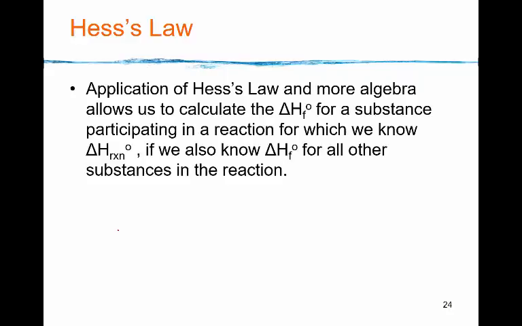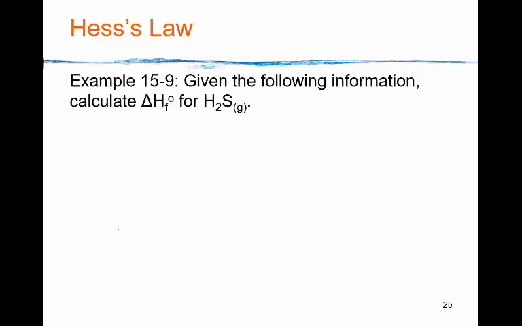If I add just a little algebra to this, because so far really all I've been doing is adding some stuff together, I mean, I had to multiply a little bit, we can actually solve for one of the substances if we know the delta H of the reaction and we know the formations of the other things in the reaction.